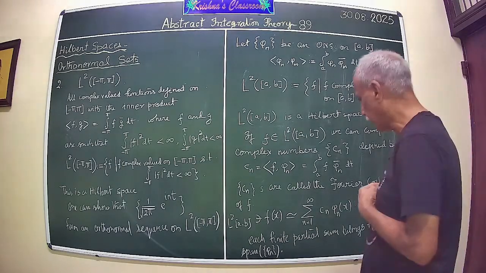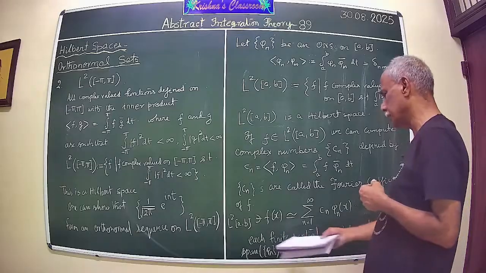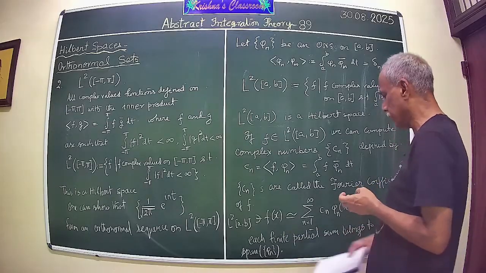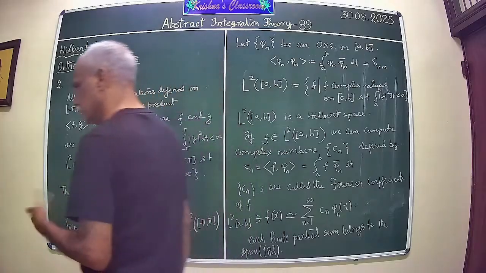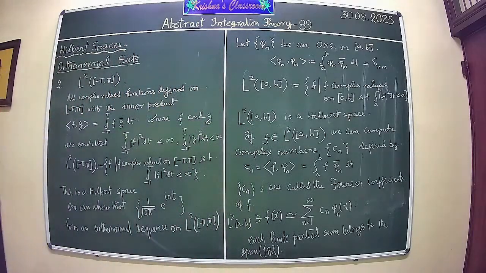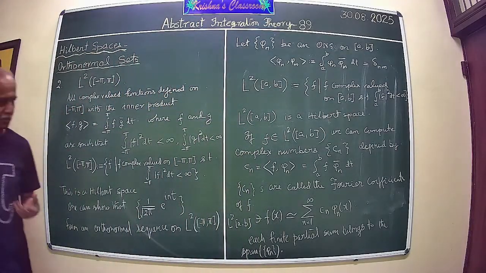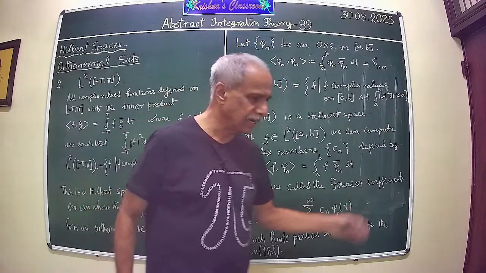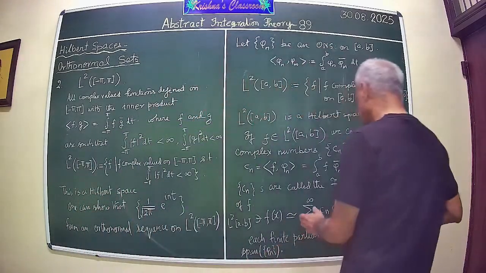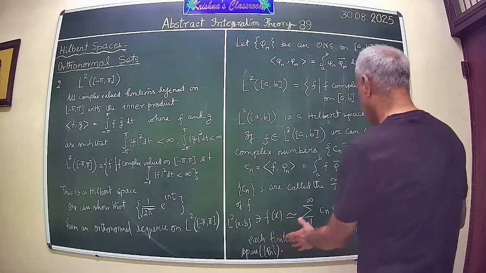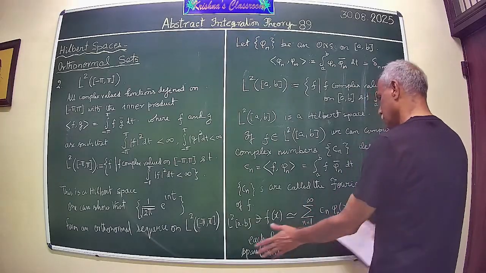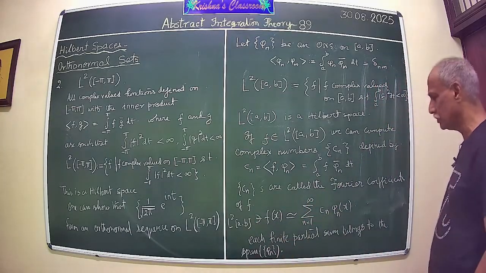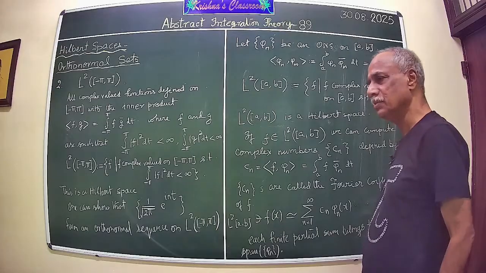Okay. Why am I taking very specific care? When I talk about the span of phi n, I mean only finite sums are taken into account. So this infinite sum is in some sense the limit of a sequence of finite partial sums that you can construct using phi n.